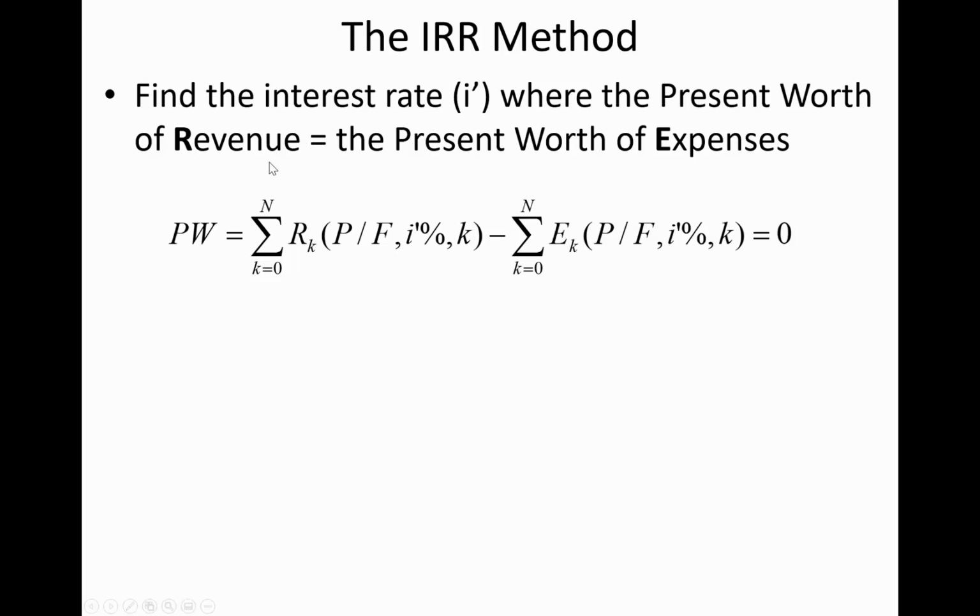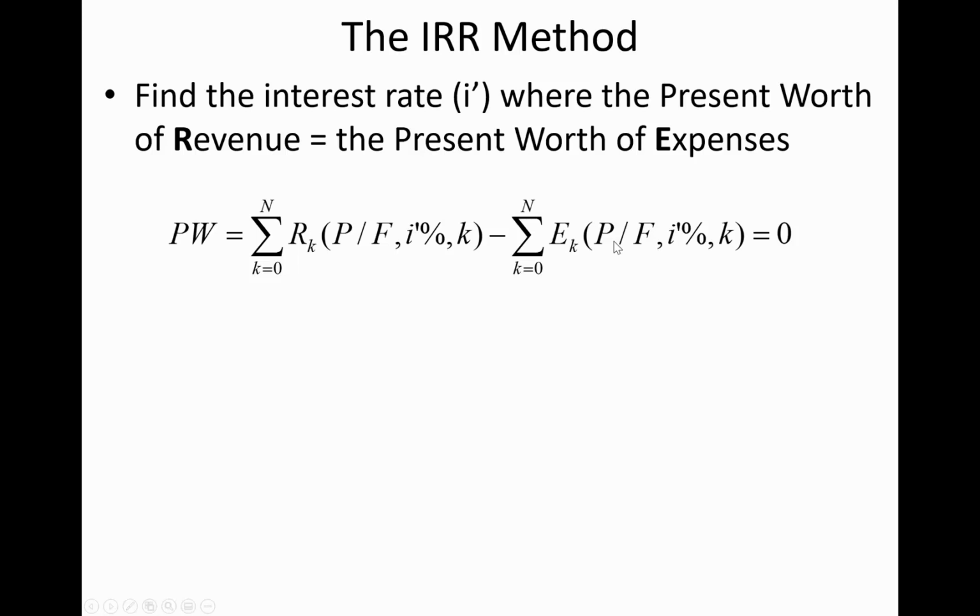But the interpretation of this formula is just, we want to find some interest rate where the present worth, the left-hand side of this, is equal to zero. So we want to find out what is the interest rate, i prime, that makes the present worth equal to zero. So the revenues minus the expenses are equal to zero, where we're taking all of the revenue to the present and all of the expenses to the present.